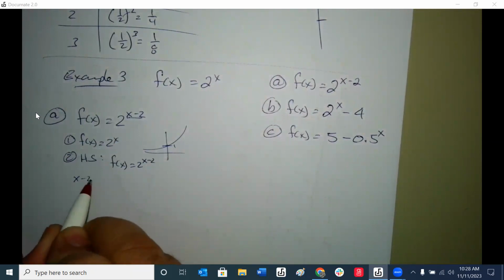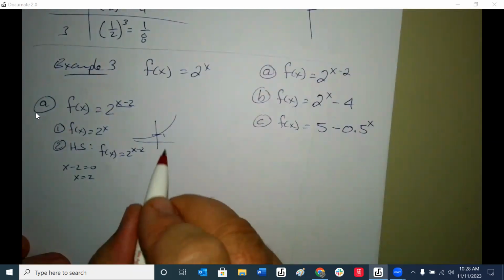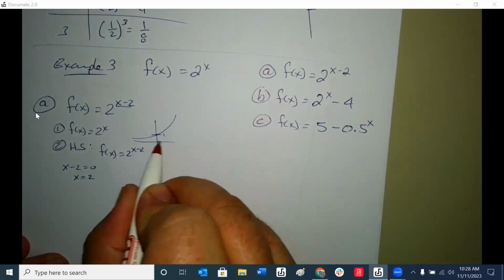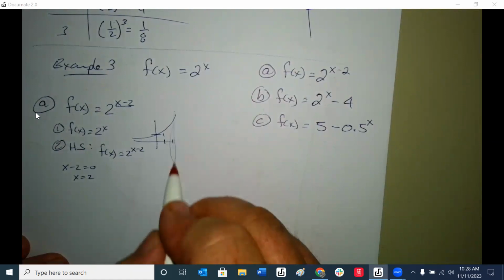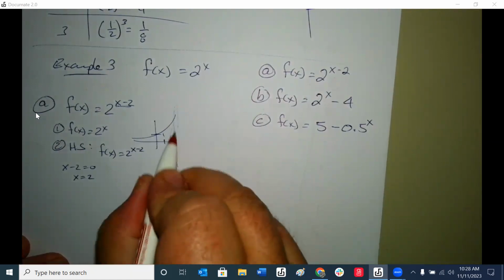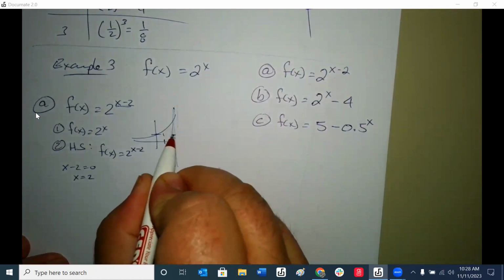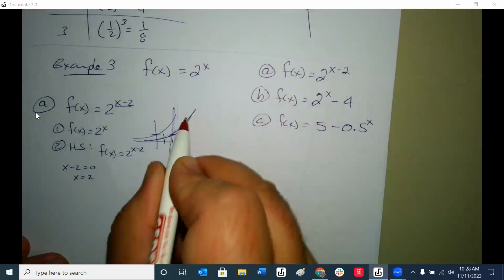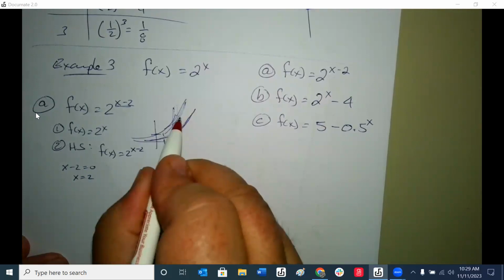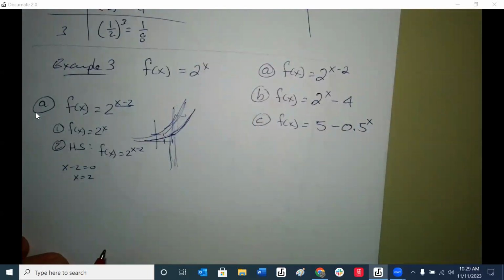So set the x minus 2 equals 0. Our new x is 2. So there's my new vertical axis. So at 1, it crosses there now. The whole graph just shifts over 2 spaces. That's what that means.